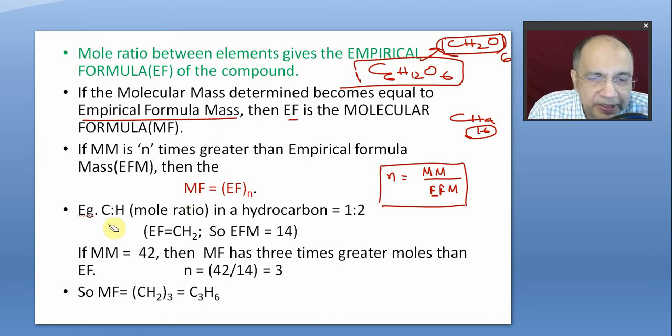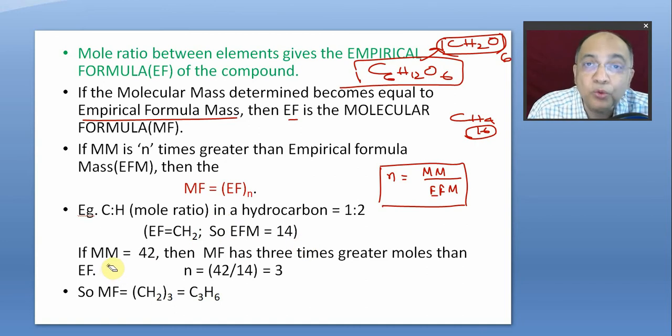For example, in a hydrocarbon, the mole ratio CH we got from the mass analysis. We will study that in detail. The mole ratio is 1:2, that is the empirical formula. So CH2 is its empirical formula, the simplest ratio, and its empirical formula mass is 12 plus 2, 14.